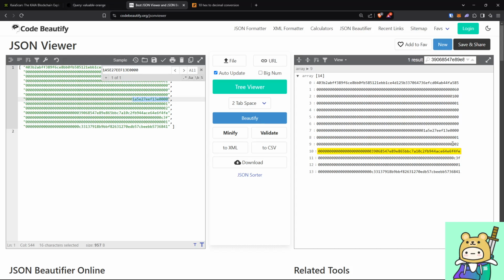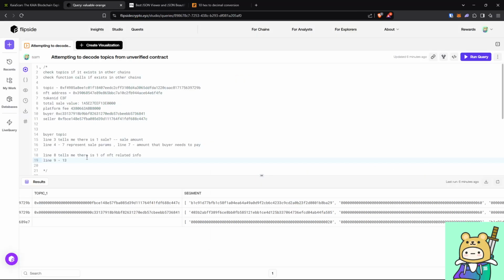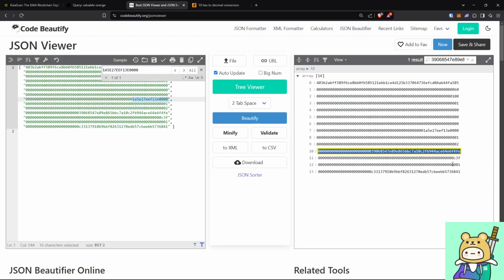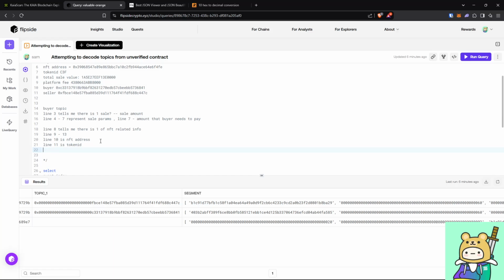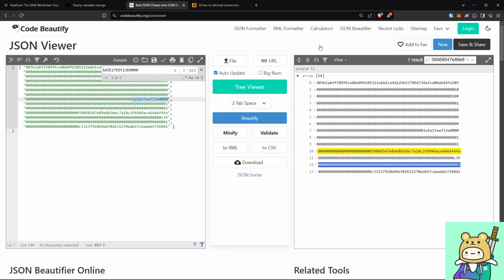And we know line 10 is the NFT address. Line 11 is token ID. And usually the token ID is followed by quantity, so like how many of the token is transferred. So I'm just going to guess it's quantity here.